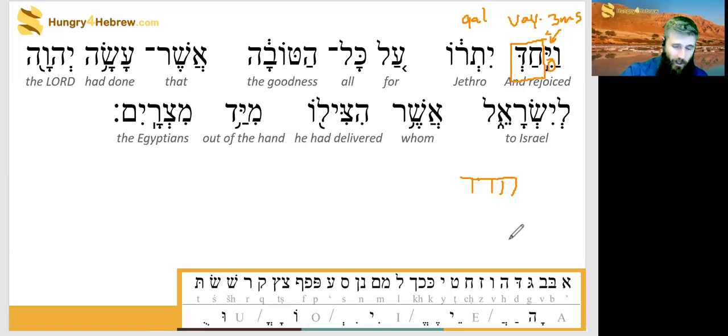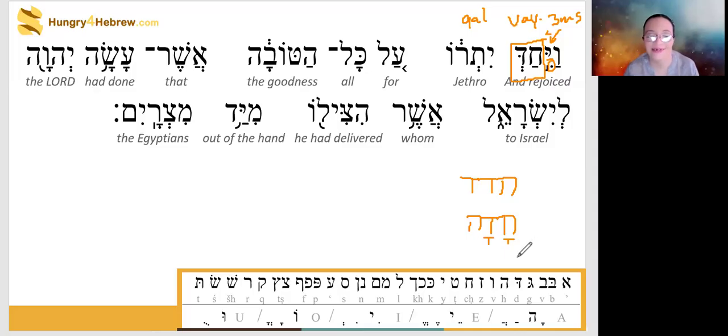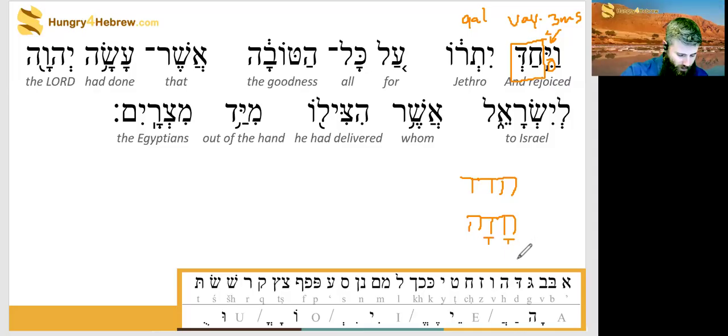But then right below it, I found chada, which means to rejoice. And looking at the other Semitic languages that also have similar words, it looks like the root was originally chet dalet vav, which then probably turned into a yod in most forms, but there were certain verbs that ended with a vav as opposed to a yod.